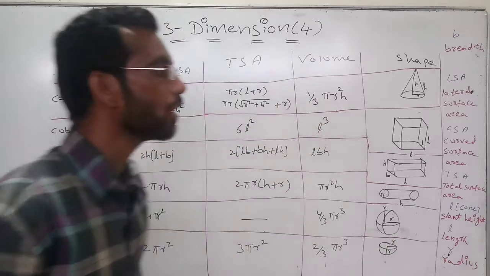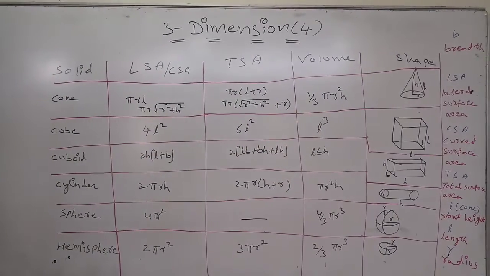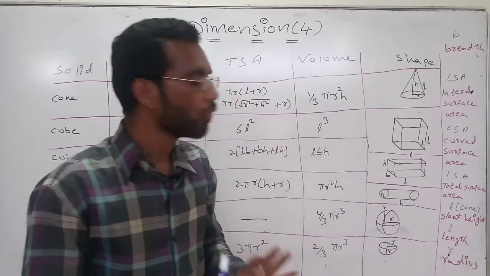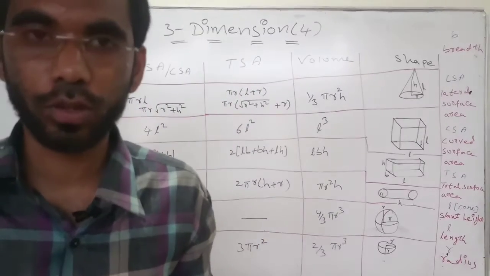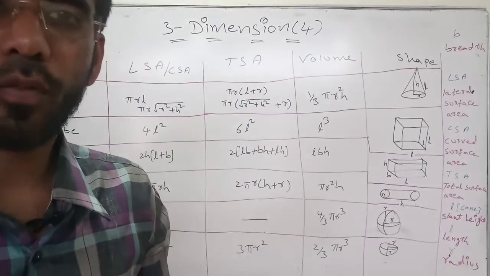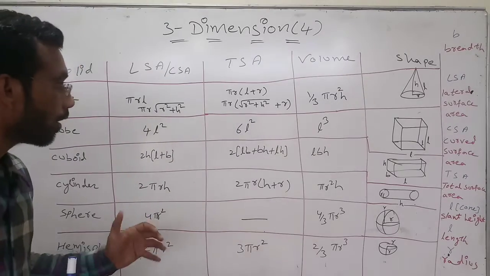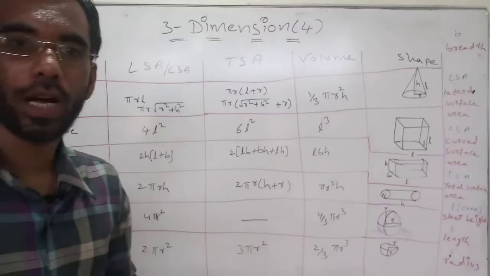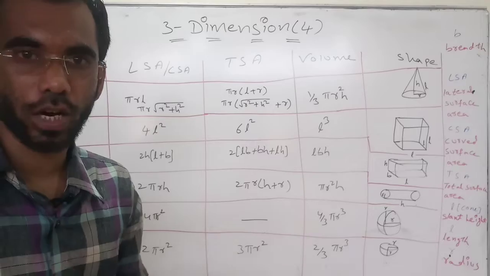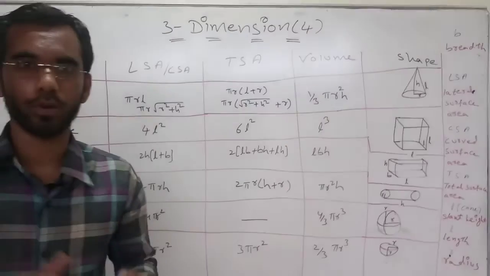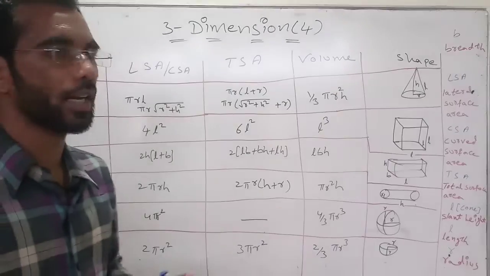What is total surface area? For a cuboid, you will not find any curve, so you will use lateral surface area, LSA. Now, what is total surface area and what is lateral surface area? Take the example of a hall.